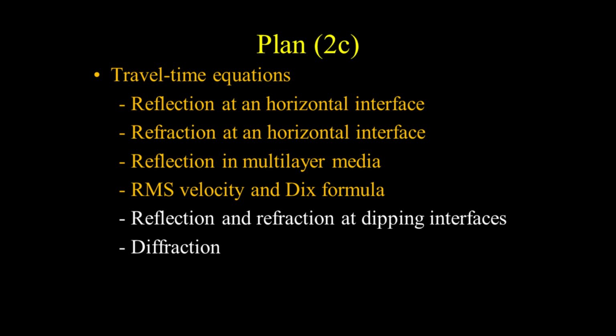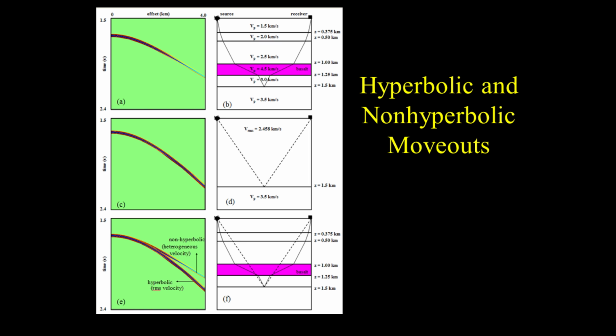Let's now discuss the important notion of RMS velocity. Let's start with this illustration. A and B describe a reflected event at z equals 1.5 kilometers for the case in which the background model above the reflector is heterogeneous.